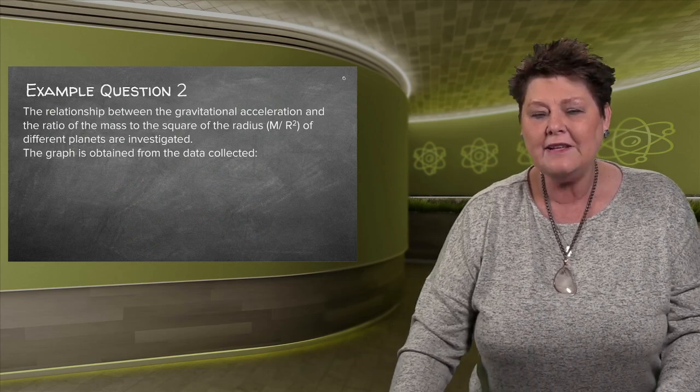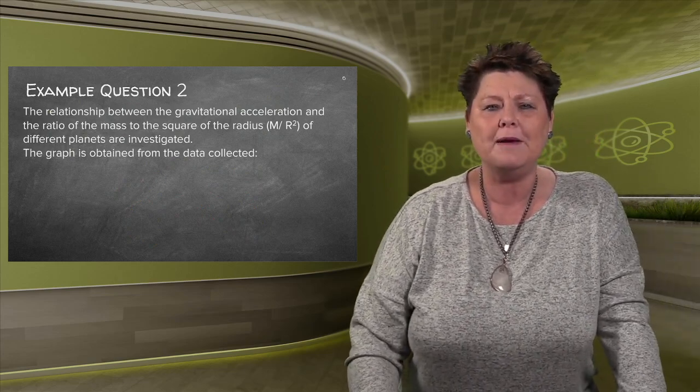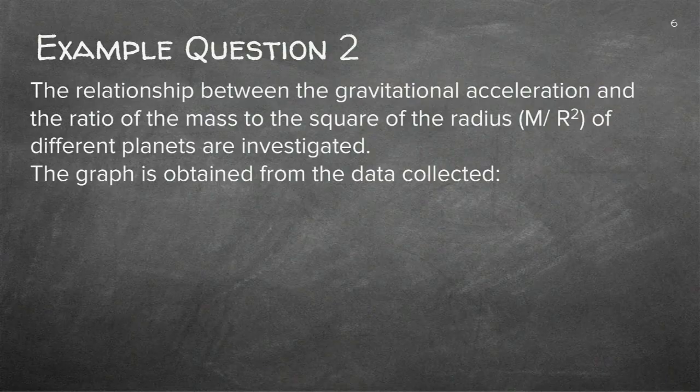Now, a question that was asked in a previous exam paper is the following. The relationship between the gravitational acceleration, what do they mean? The g, and the ratio of the mass to the square. Can you see mass to the square of the radius?